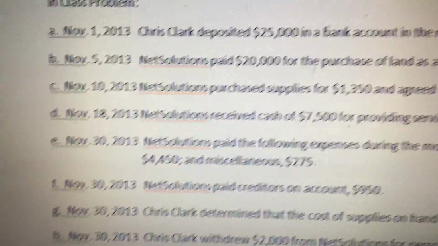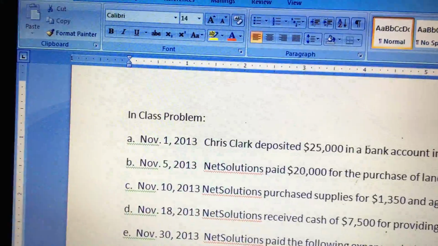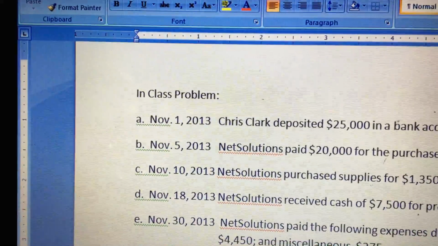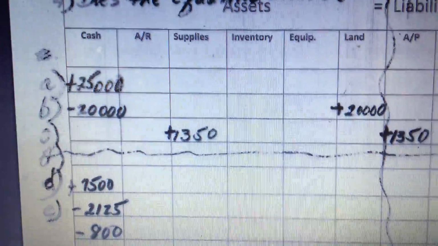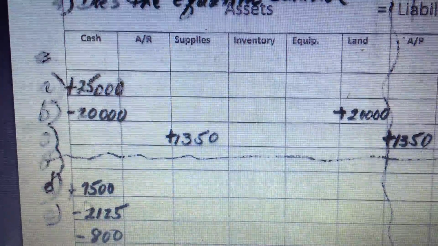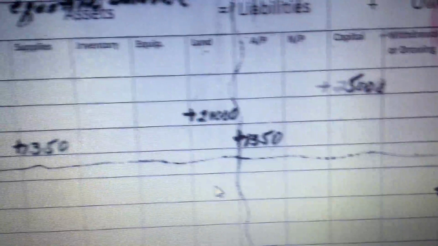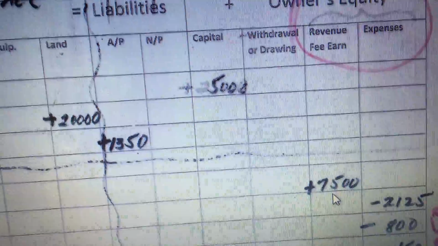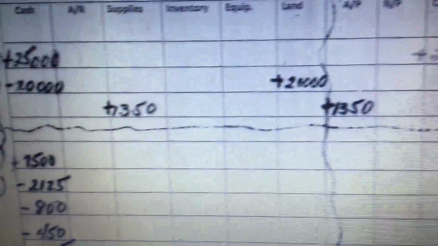Okay, so asking yourself what the accounts were. If you want to go back to your sheet here, we had cash of $7,500, which was an increase, and we had revenue over here, which was an increase of $7,500. Now we have to figure out which one's the debit.